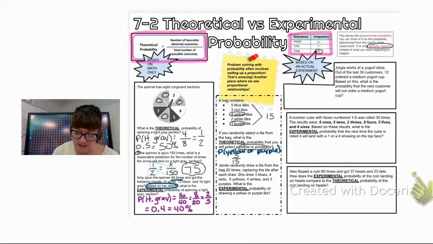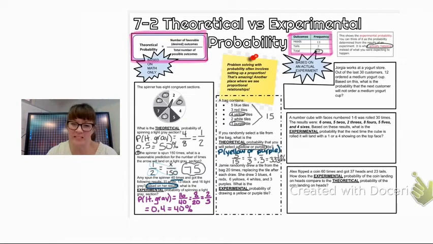So the probability of getting a yellow or purple is 5 out of 15, which simplifies to 1 out of 3, which would be 0.3 repeating, or 33.33%. I could express the probability in any one of those forms.